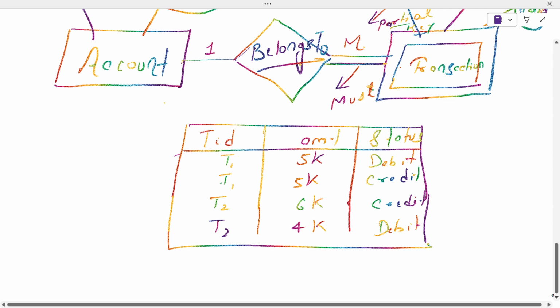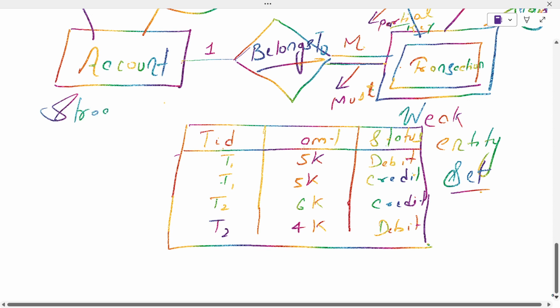So no single attribute of this is a key, neither TID nor amount nor status. So definitely this is a weak entity set. When it is a weak entity set, then we don't have any key for that set. And for distinguishing between the different entities, we need a strong entity set or the owner entity set.